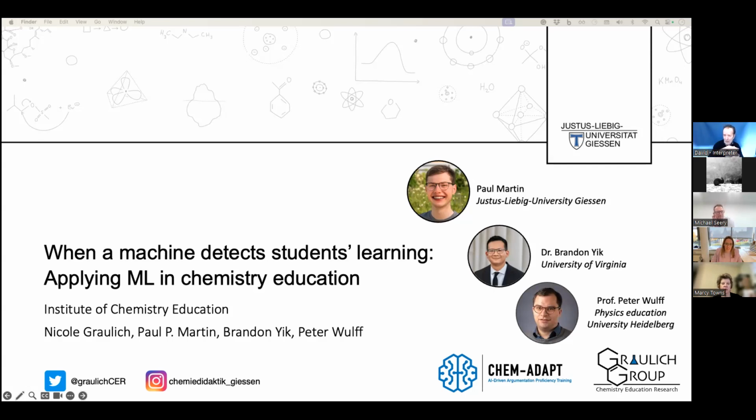I have incredible people that have taken that endeavor of using machine learning in their research. Foremost, Paul is a great doctoral student in my group, and he collaborates with Brandon, who is a postdoc in Jeff Racker's group, who was a doctoral student with Jeff. Now he's with Marilyn Staines at the University of Virginia. And we also collaborate with Professor Peter Wolf. He's a physics education professor in Germany.